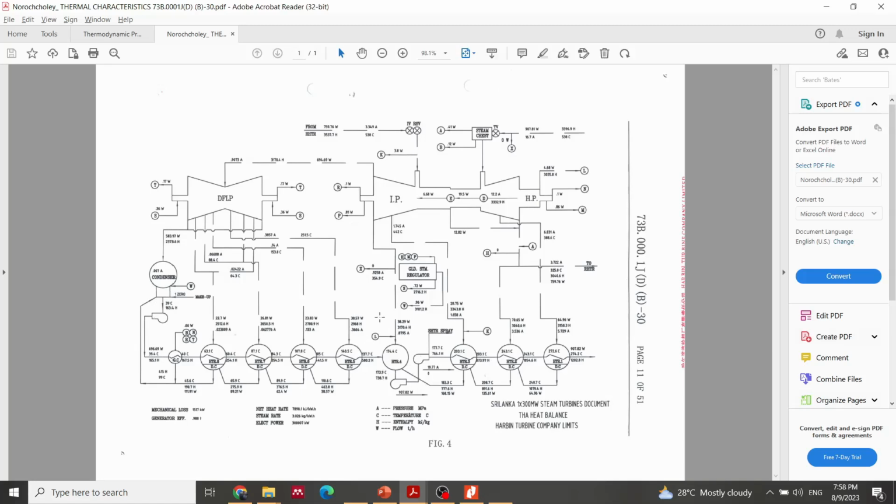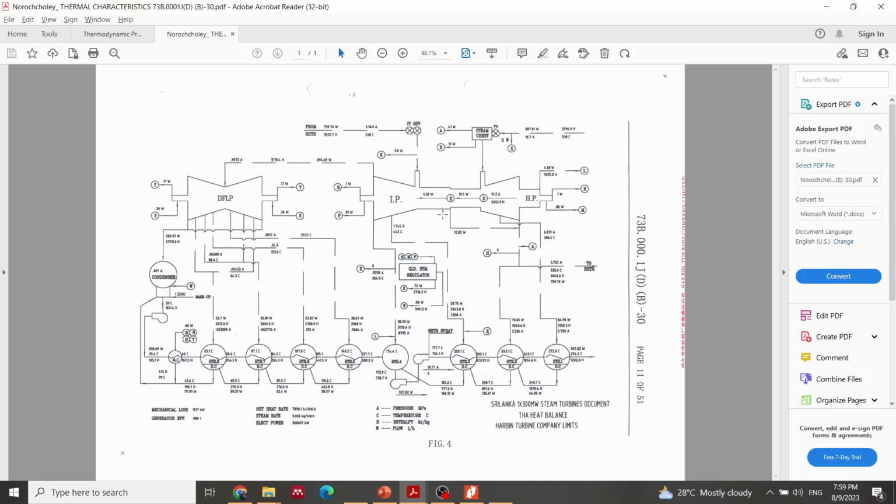So this is the actual diagram of the Norachole power plant, right? It is a bit complex, but by looking at this you will understand what it means. This is the real situation in a real steam power plant, right? And you can see there are pumps here, a pump there, another pump here, and so on.